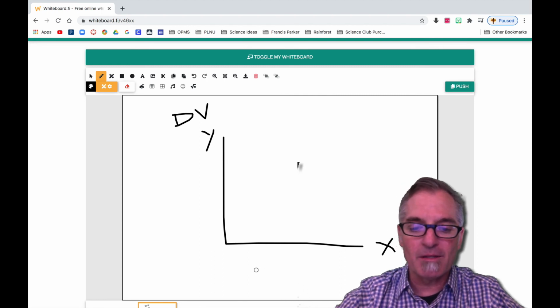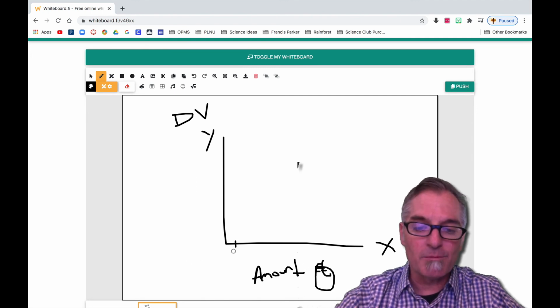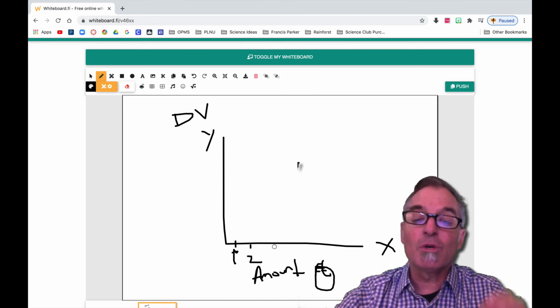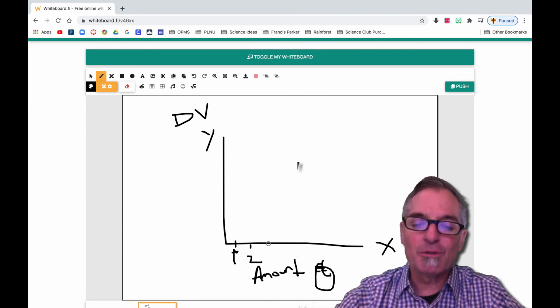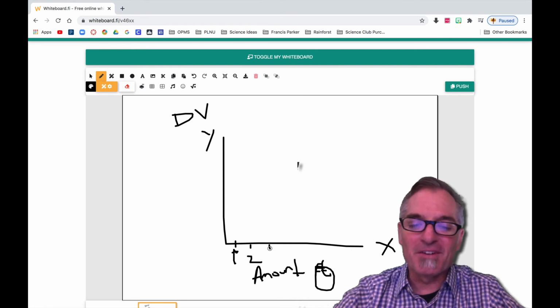It's going to be the amount of fertilizer. I'll just put fertilizer. So maybe 1 spoonful, maybe 2 spoonfuls, maybe 3 and 4 and maybe 5 spoonfuls.